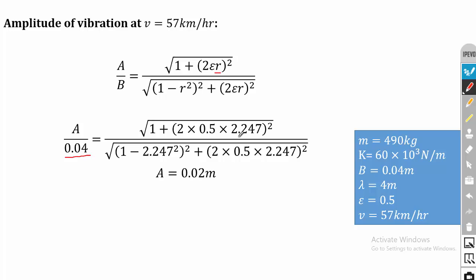In the place of R, substitute 2.247 and eta is equal to 0.5. If I solve this equation, I will get A is equal to 0.02 meter. This is the amplitude when the vehicle is moving at 57 km per hour. So first we considered the resonance case and calculated the amplitude of the vehicle. Then second, considering the vehicle moving at 57 km per hour, I have calculated the amplitude.